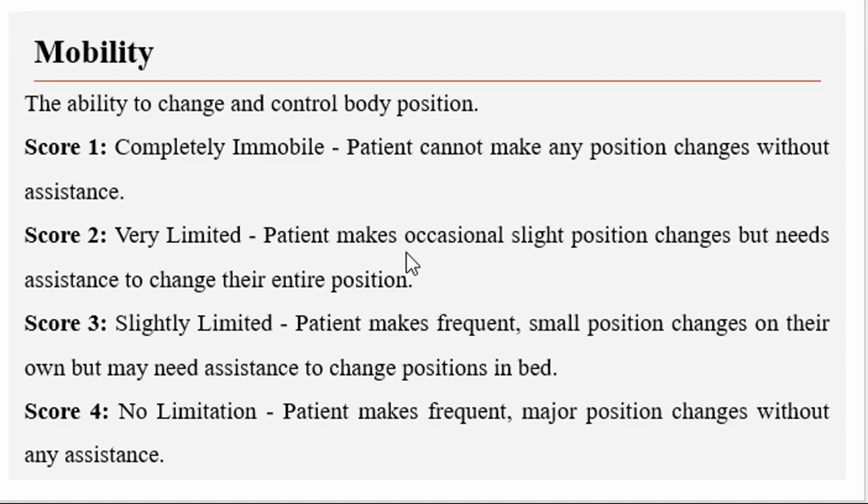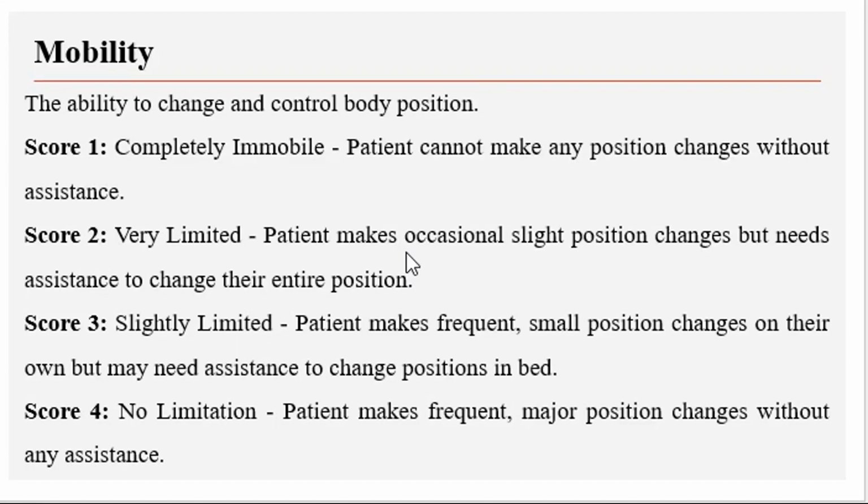He needs assistance for changing any position. In this condition we give score 1. The reason may be that the patient is unconscious, completely bedridden, or on advice of bed rest with no movement at all, maybe due to some surgery or other disease conditions.